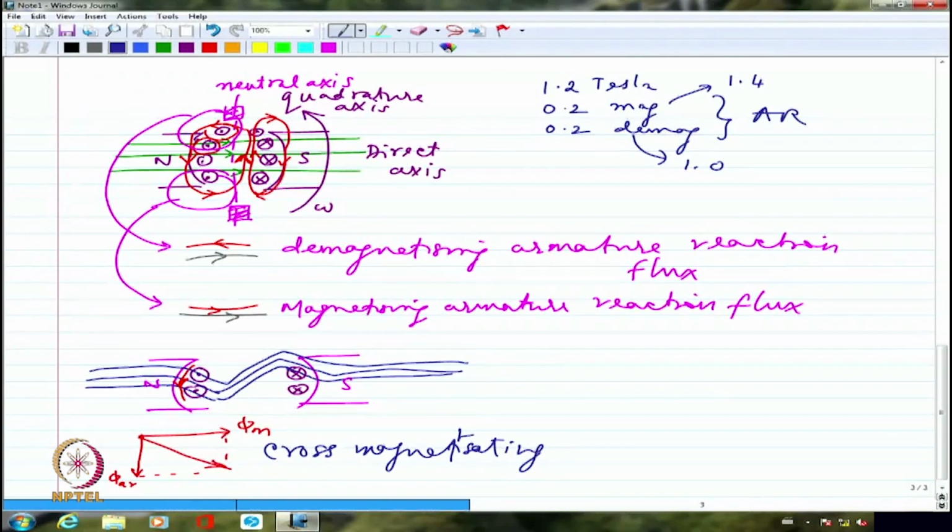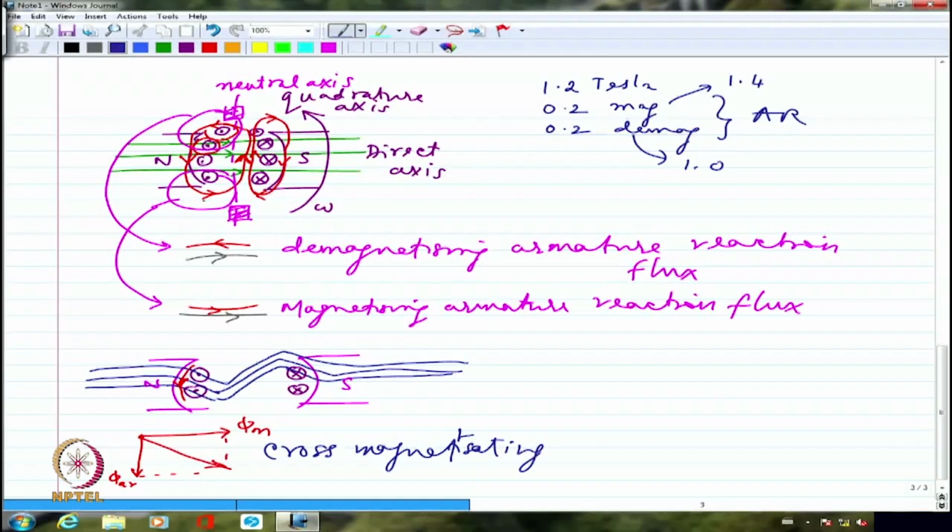So the overall effect that is seen is a net reduction in flux. Although magnetization and demagnetization are happening at the two ends of the main pole, you can see that this is essentially demagnetization, this is magnetization. So we are going to have both magnetizing effect as well as demagnetizing effect.